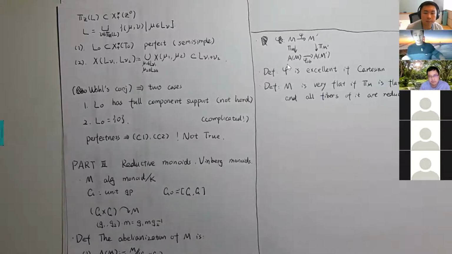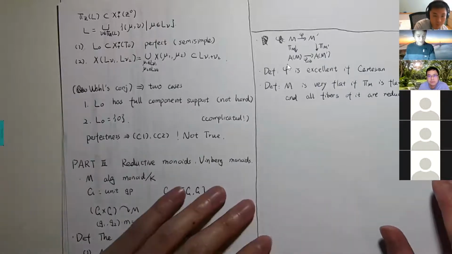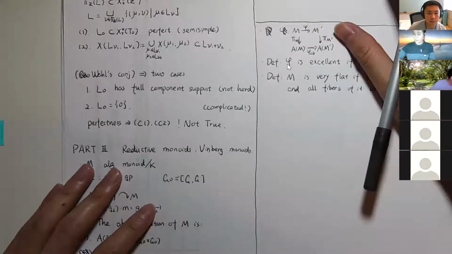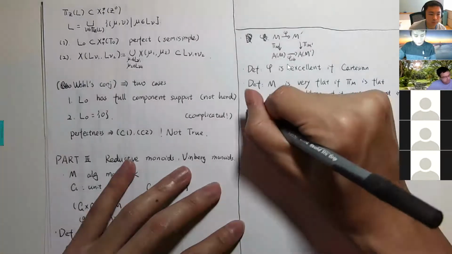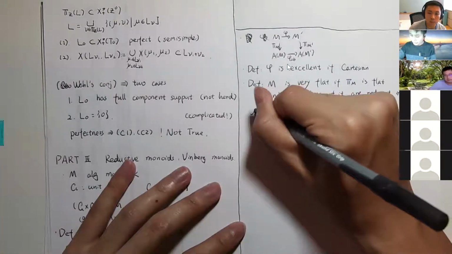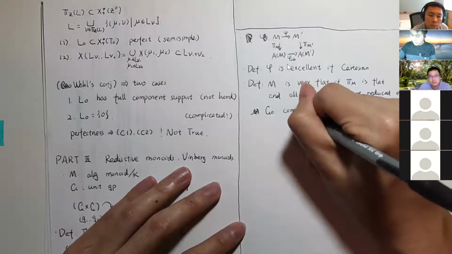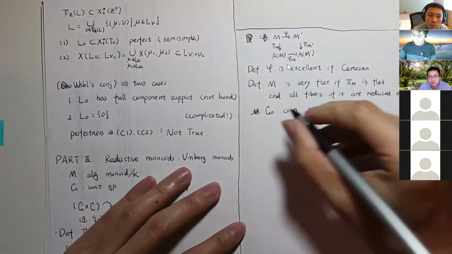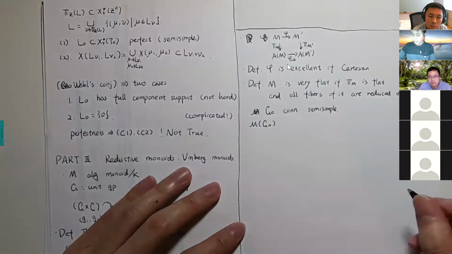Let me at least introduce the Vinberg monoid and then state its relation with perfectness. So we look at the following category. We fix a connected semi-simple group G0, and we define the following category M G0.